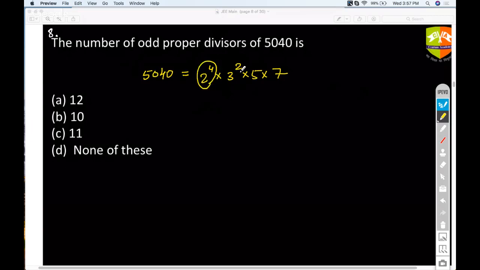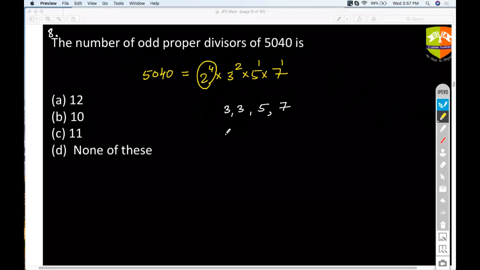So it's like selection of none or more objects from 3, 5, and 7. Think as if you have two 3's present, you have one 5 present, and you have one 7 present, and you have to select none or more from them.